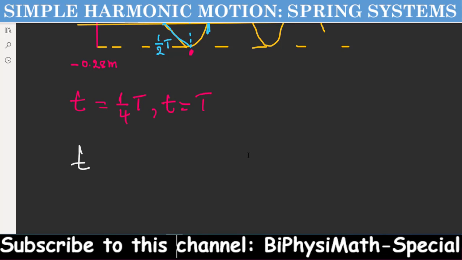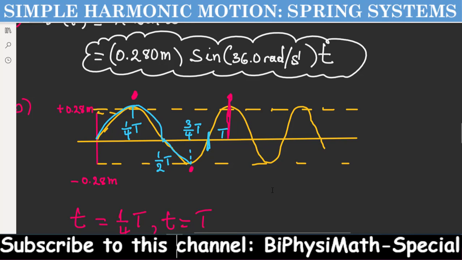Now let's write t maximum equals a quarter period plus n period. When you have a period, we have the longest displacement.